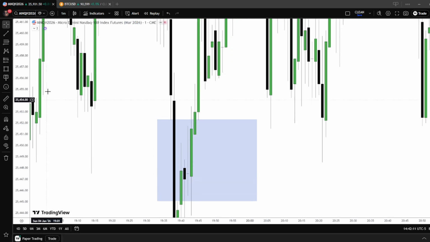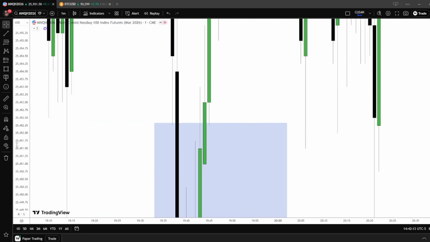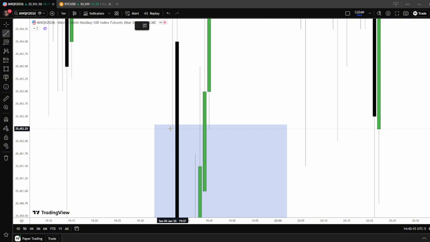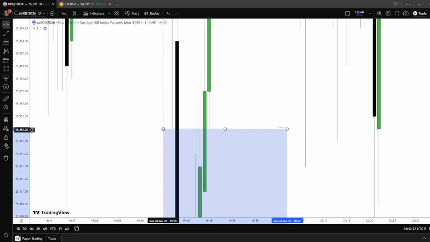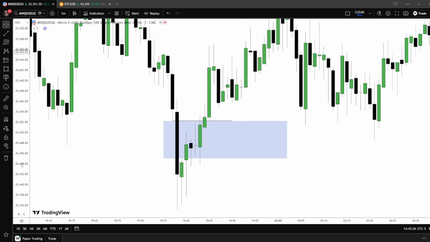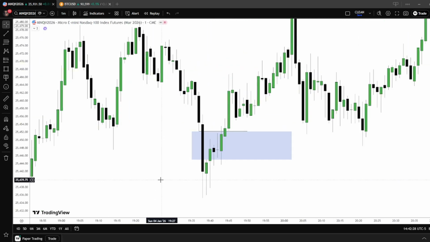No, guys. Zoom in and take a look. We didn't tap into that breakaway gap. It stays open, intact. This is, my friends, IPDA, Interbank Price Delivery Algorithm.